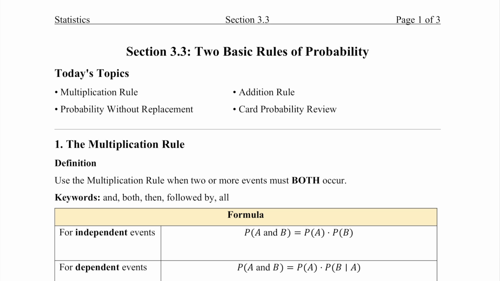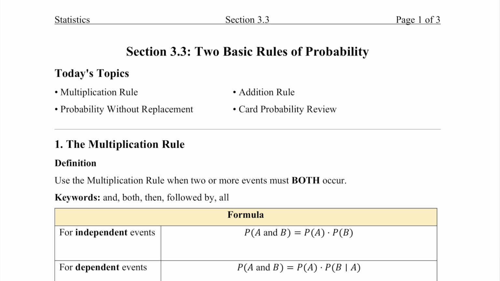Those multiplication keywords include and, both, then, followed by, and or. When you see these keywords, it's a signal that multiplication may be required. Now, I want to emphasize the word may. Don't automatically multiply just because you see one of these words.